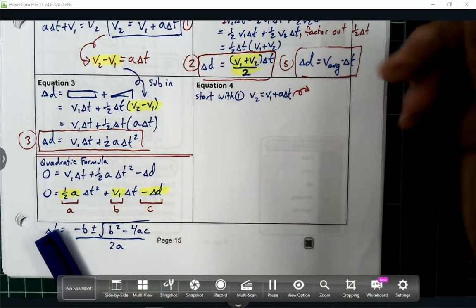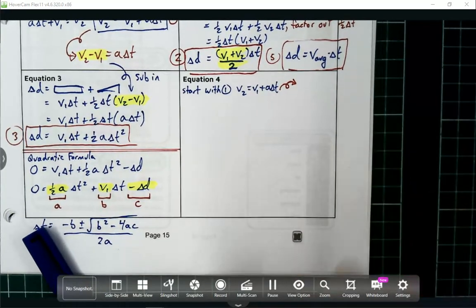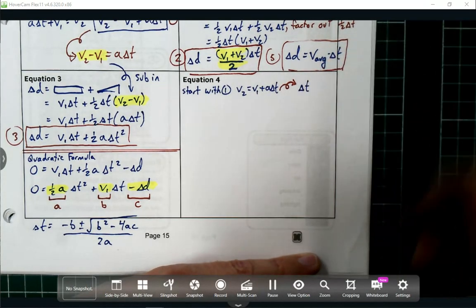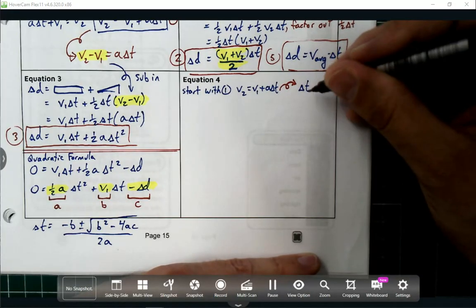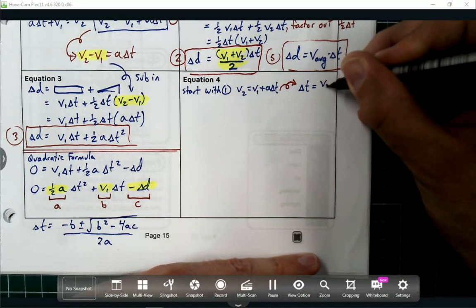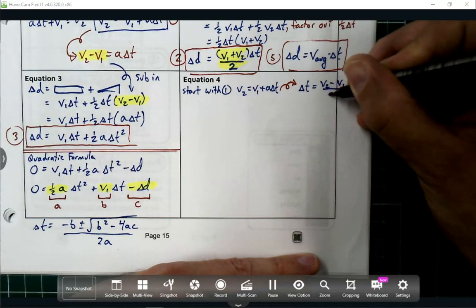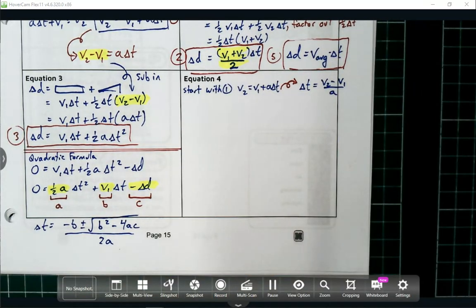If you want to go back and prove that I'm right or challenge if I'm wrong, you totally can. But what I want to claim is that if I do a little bit of math working here, I can re-isolate to get delta t all by itself. And delta t equals V2 minus V1 over a. I won't tell you why that's useful yet. But it'll be mathematical sleight of hand.